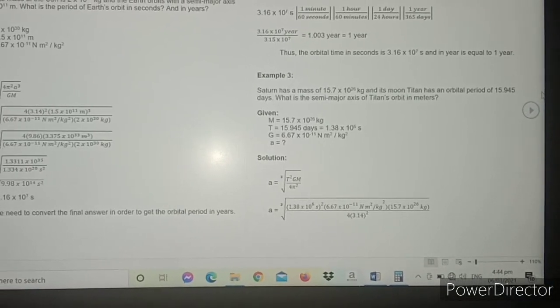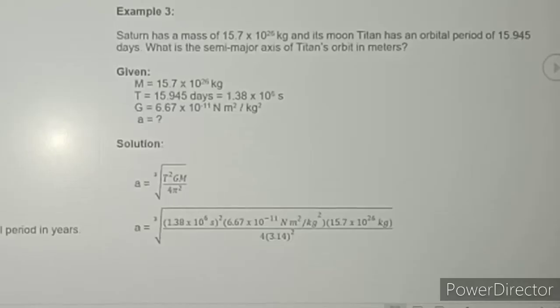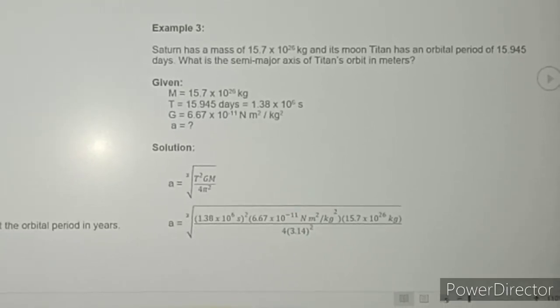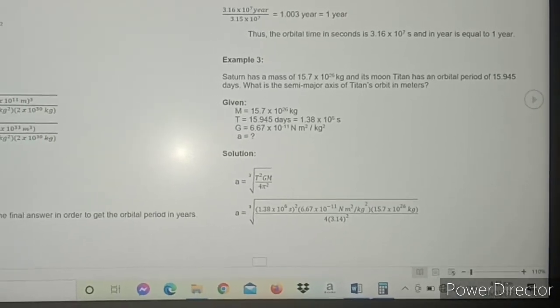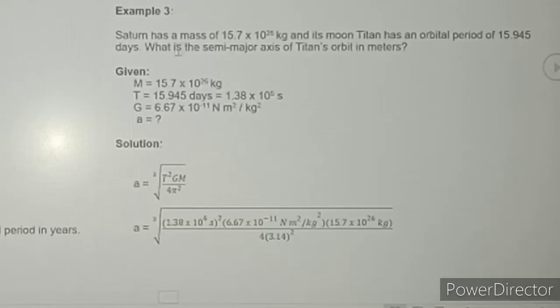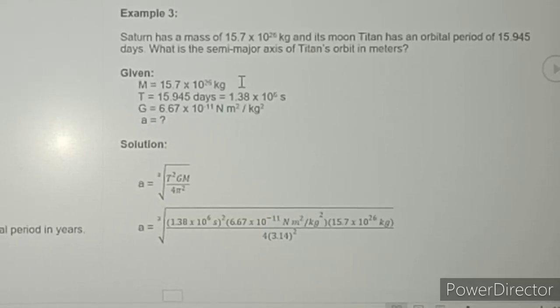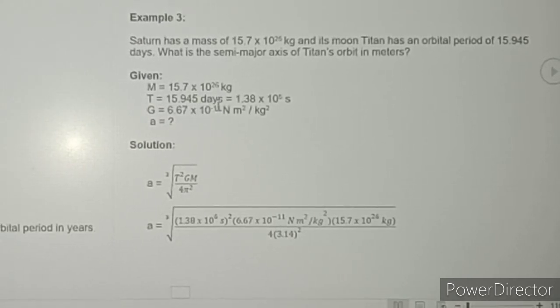What is the semi-major axis of Titan's orbit in meters? We have here the given values for the mass, which is 15.7 times 10 raised to 26 kilograms. And then the orbital period of the Saturn's moon, which is Titan, which is equal to 15.945 days.